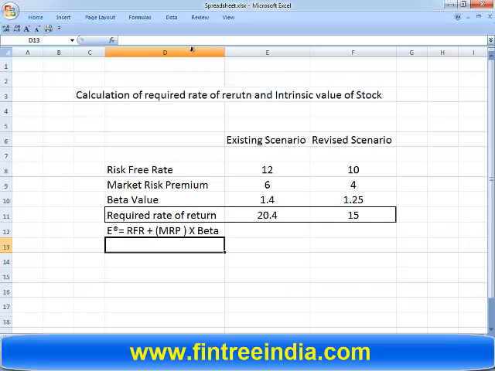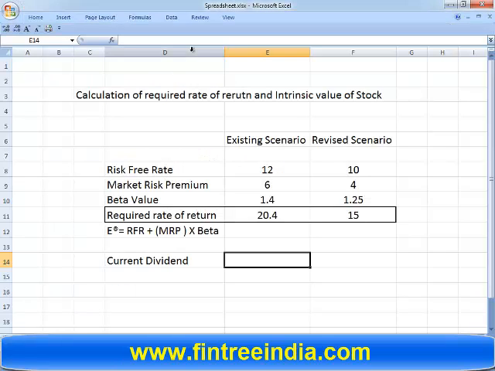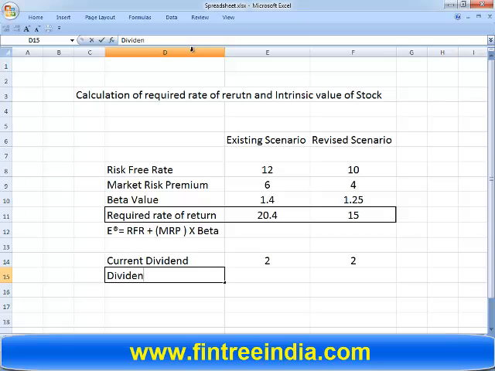Then next one, say current dividend. Current dividend was 2 and 2. Then say dividend at time 1, where D1 is equal to D0 into 1 plus growth rate.